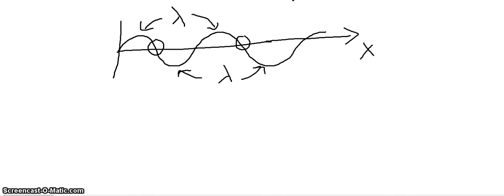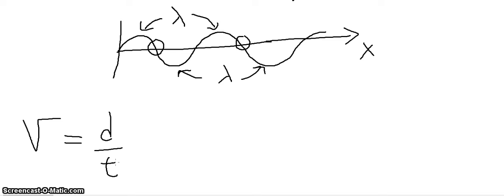Alright, so that being said, as far as what the wavelength physically is, remember the basic idea of how speed and distance and time are related: the speed of any object that is moving, as long as it's not accelerating, is equal to the distance that it travels, d, divided by the time, t, that it takes to travel that distance, assuming you're starting your distance and your time at 0.